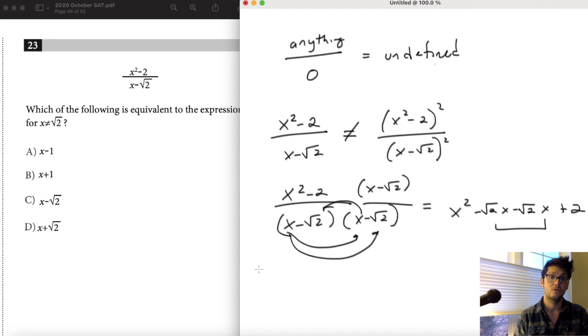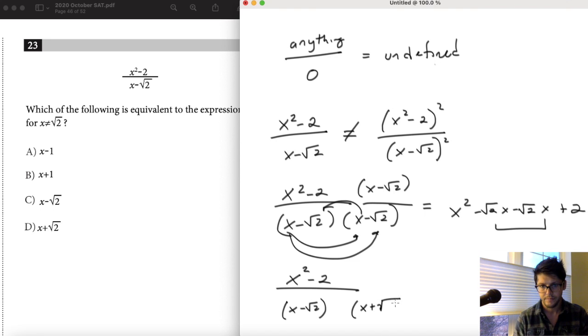So neither of those approaches is best. What you can do and should do is something, I'm going to leave this up so you can see the difference. If you multiply the denominator with this radical, the whole thing is we're trying to get rid of the radical. That's what the answer choices are showing us. Multiply by what's called the conjugate: x minus root 2 times x plus root 2.